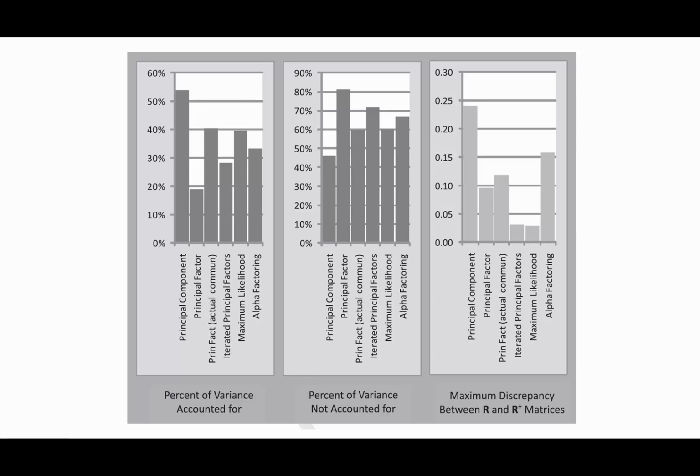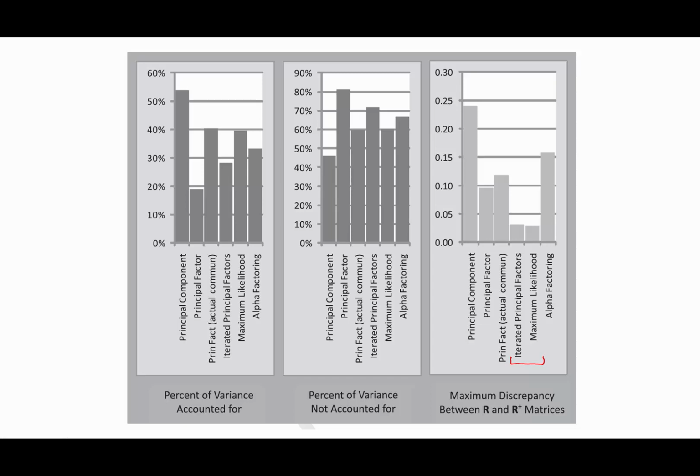Notice in this figure that for this particular data set, 2 of the common factor methods are notably better than the other 4 methods in reproducing correlations. That is, the iterated principal factors and the maximum likelihood methods.